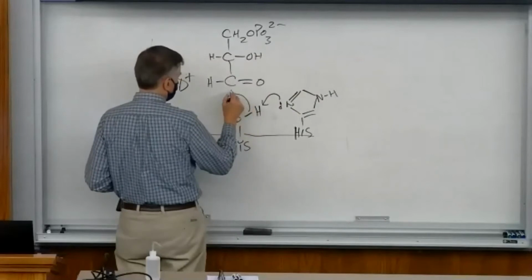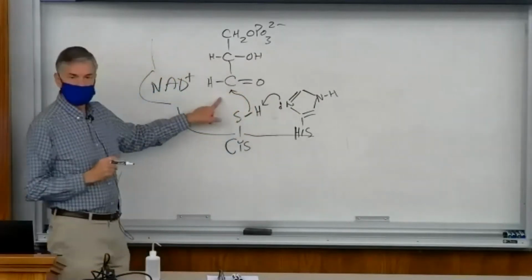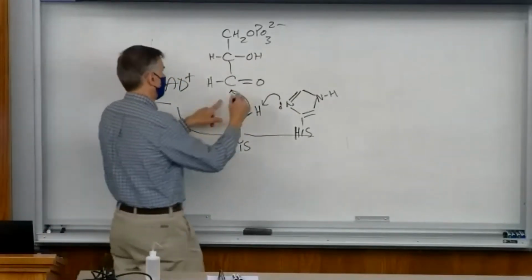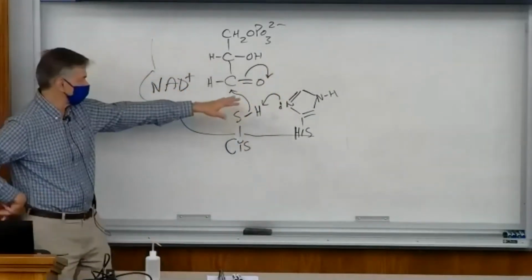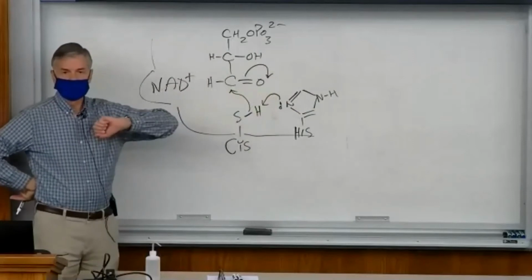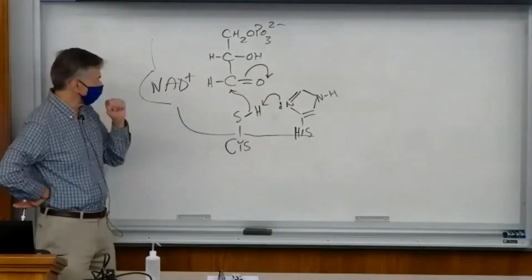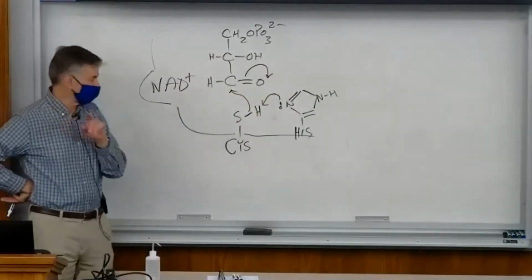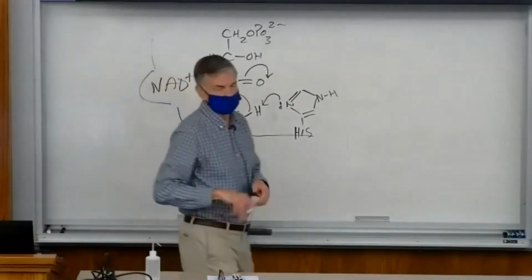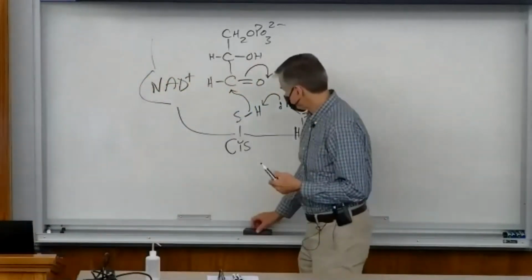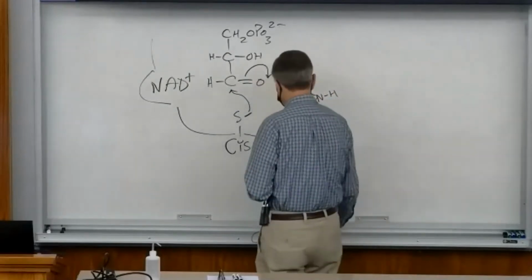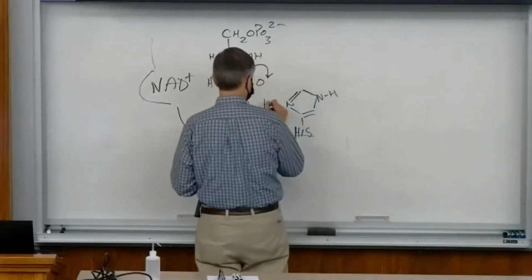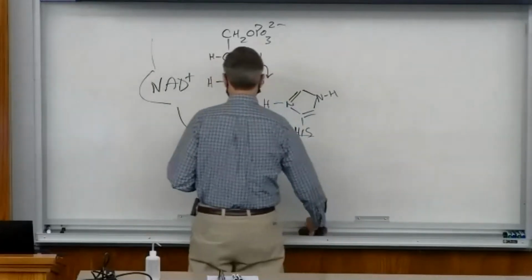This pair of electrons now comes and attacks this carbonyl, and we move the pi electrons out onto the oxygen nucleus. Okay, so this is step one of the process. Let me redraw this now with these changes in place.